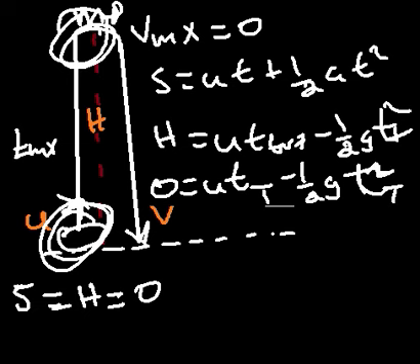This is the formula you use to get t total if we have the initial velocity.